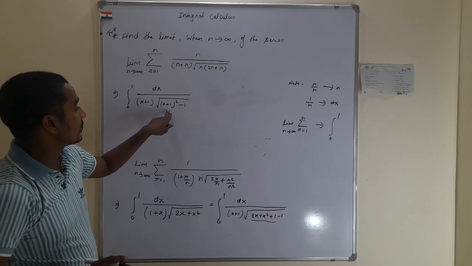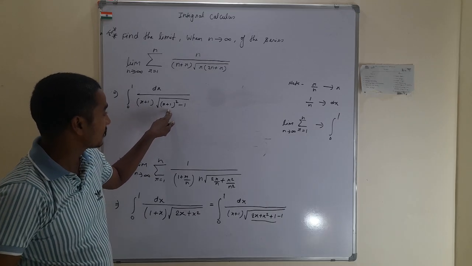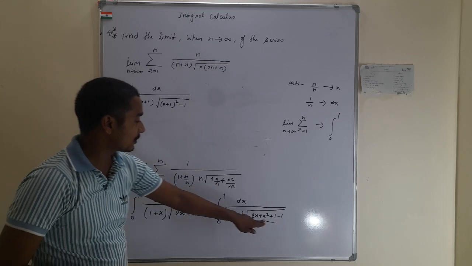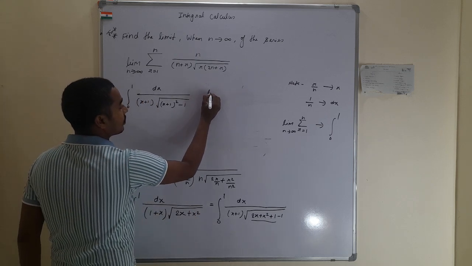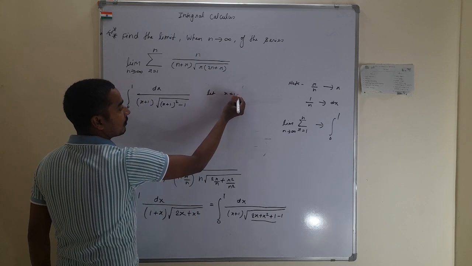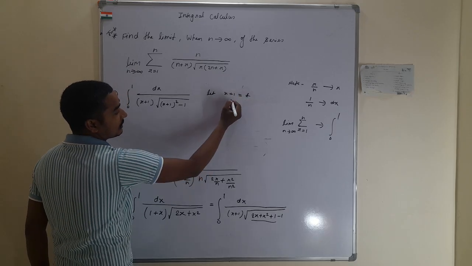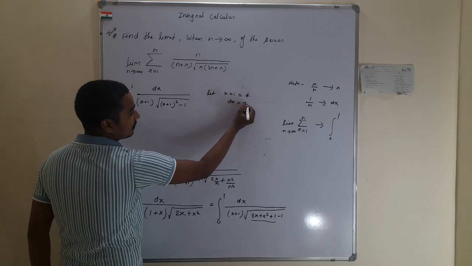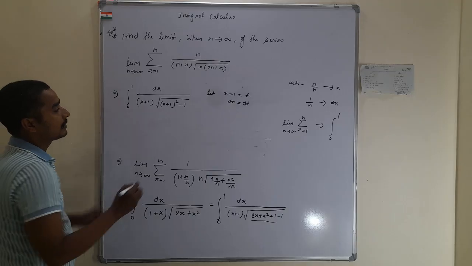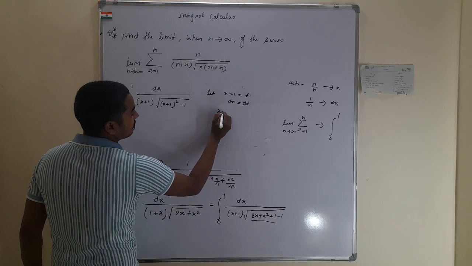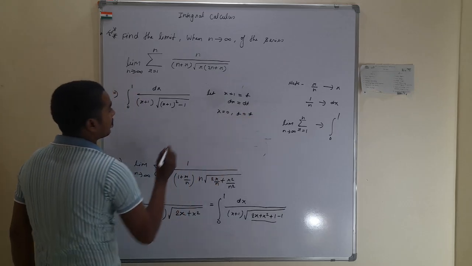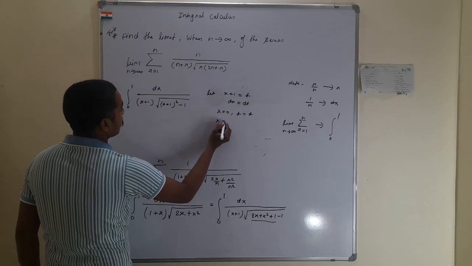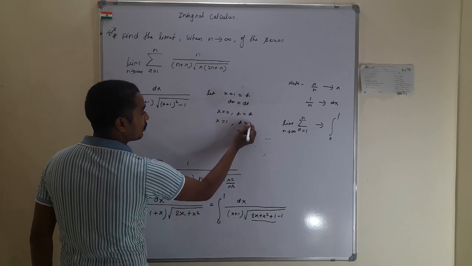When we open this (x plus 1) whole square, this gives x square plus 2x plus 1. And from here let x plus 1 equal t, then dx equals dt. We can also change the limit here. When x equals 0, t equals 1, and when x equals 1, t equals 2.